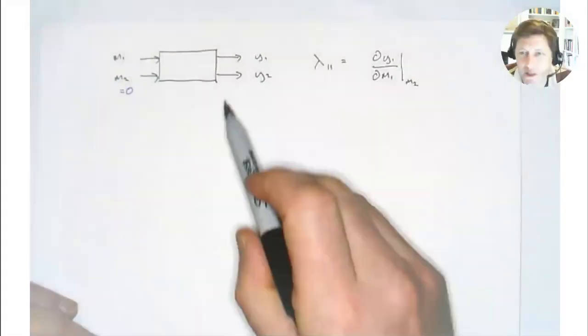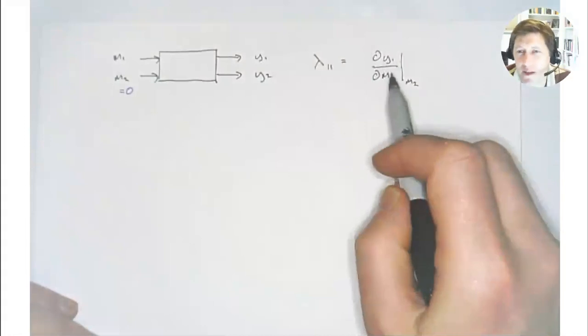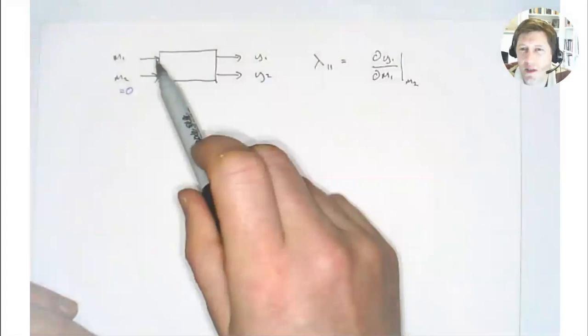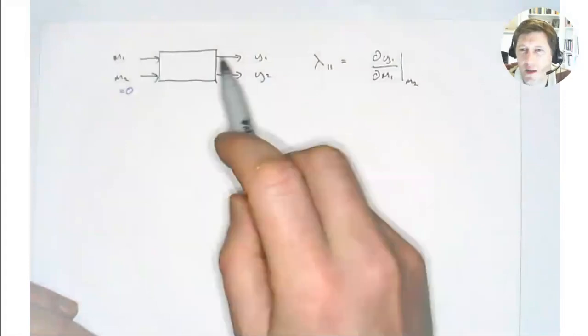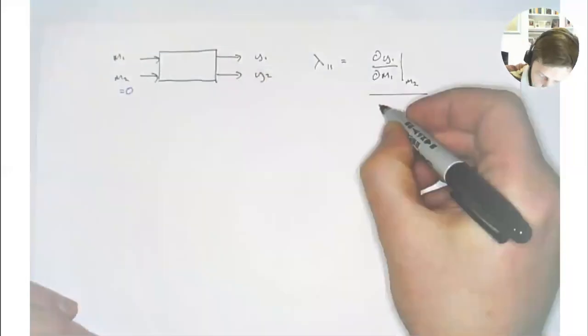And it's called the relative gain because we're not just looking at the standard gain. We're looking at the relative gain of how much is Y1 affected by M1 when M2 is fixed to 0, by how much is Y1 sensitive to M1 when Y2 is fixed to 0.